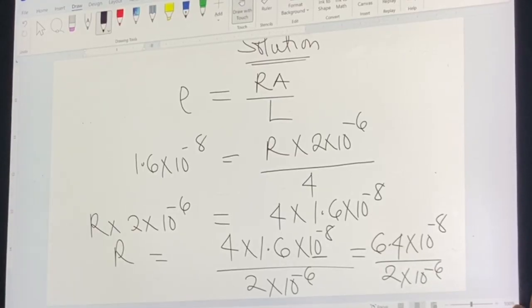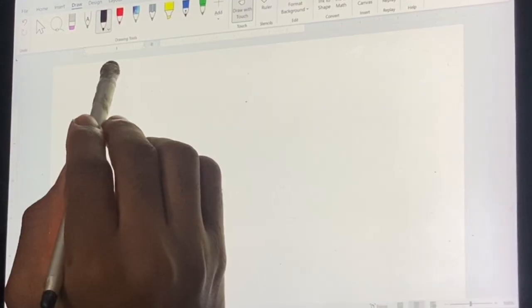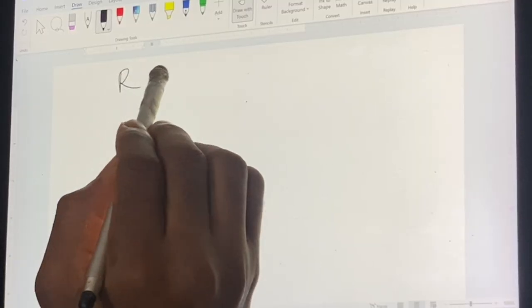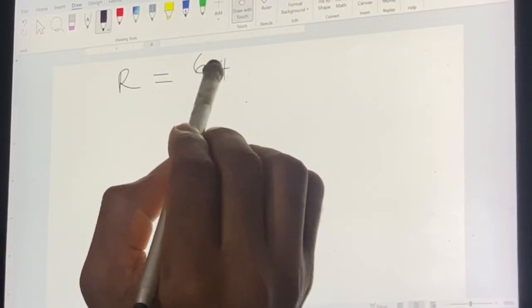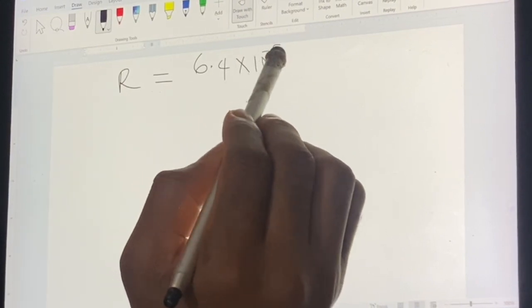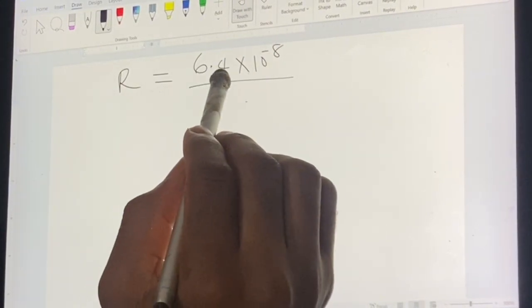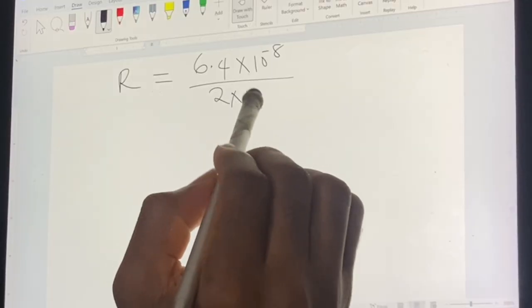So let's simplify this to get the final answer. We'll have resistance equal to, class, 6.4 times 10 raised to the power of minus 8 divided by 2 times 10 raised to the power of minus 6.